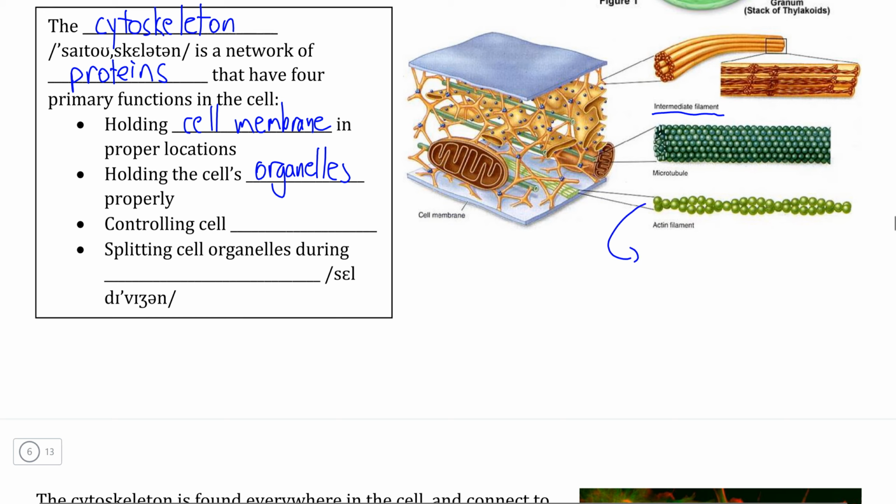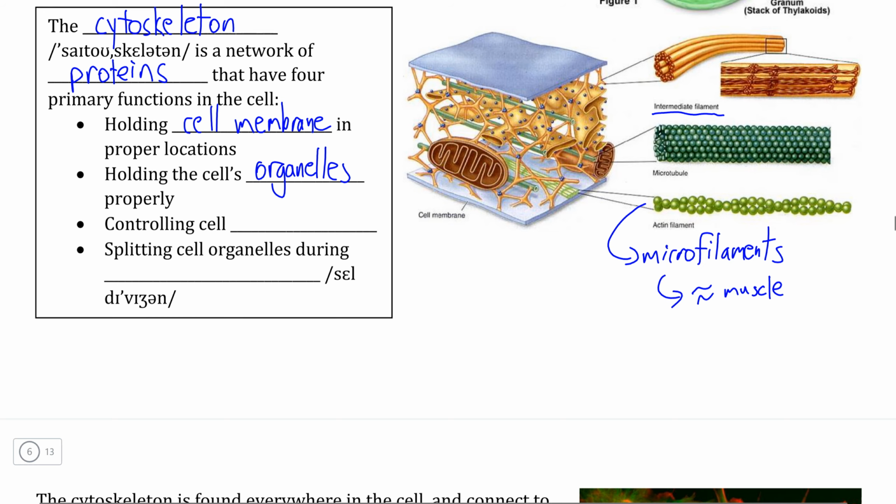The smallest variety of cytoskeleton protein are what we call microfilamentous proteins, or simply microfilaments in this case, and microfilaments are actually made of an identical protein that makes up muscle. There are actually two proteins, one that gives muscle its shape, and then the other one that controls movement.